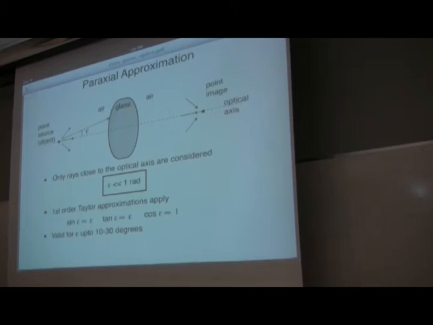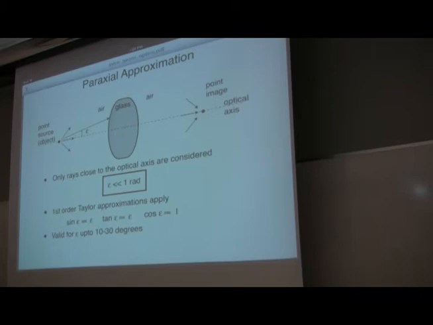But there's an important approximation that we will make in these systems, which is referred to as the paraxial approximation. This is also true for non-imaging systems, so we will come back to this later on. What the paraxial approximation essentially means is that we will assume that the rays are always at a small angle to the optical axis.